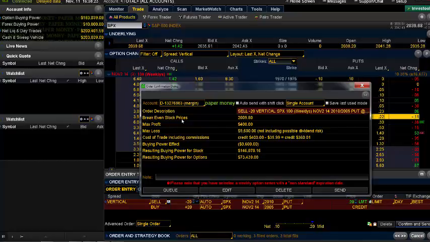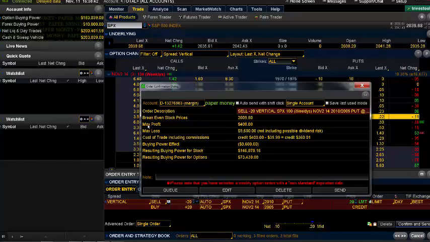The break-even price here is 2009.80. That's the approximate break-even price of this trade. I say approximate because this is going to change over a period of time while you're in the trade. But this is the approximate break-even price.